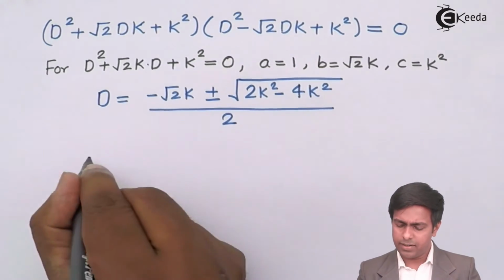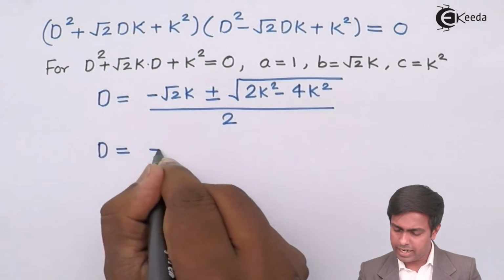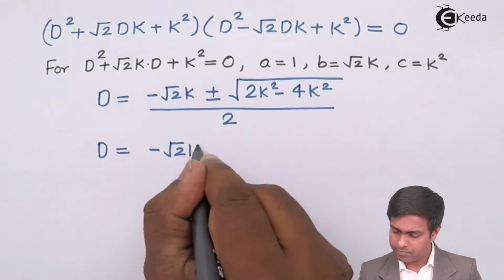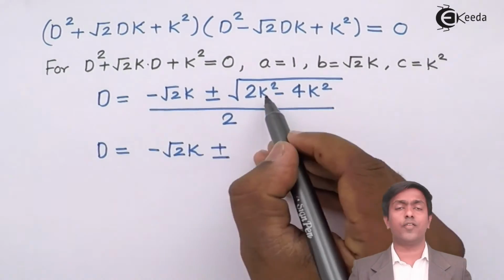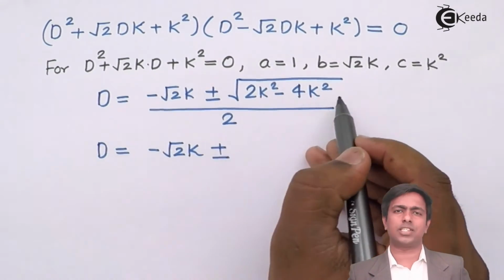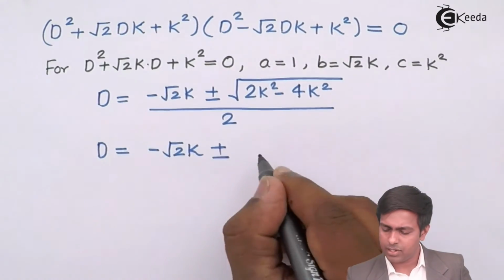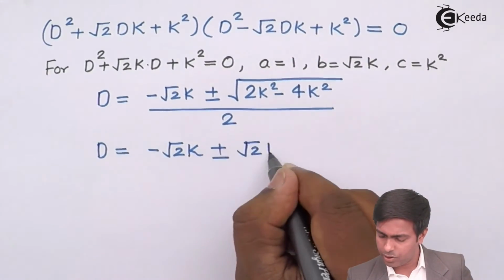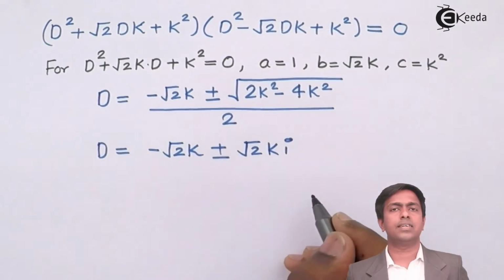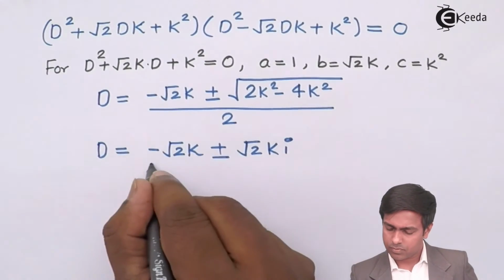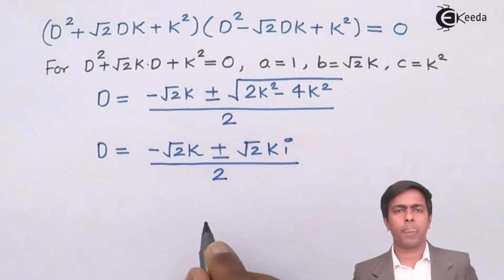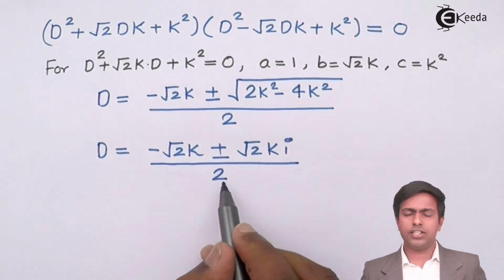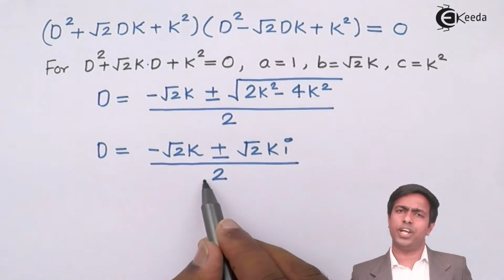So here we will get d equal to negative root 2k plus or minus, here we will get negative 2k square, and the root of that is root 2 into k into i, upon 2. Now we know that this 2 is nothing but root 2 into root 2.